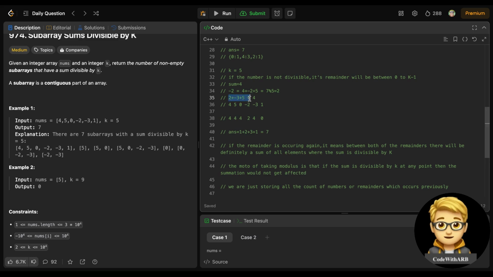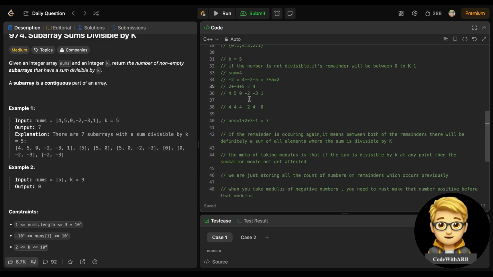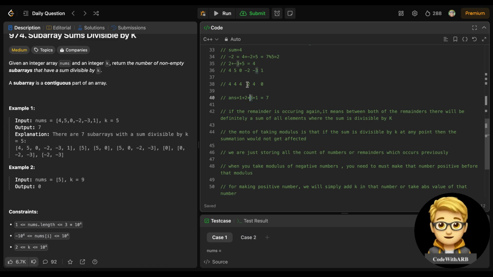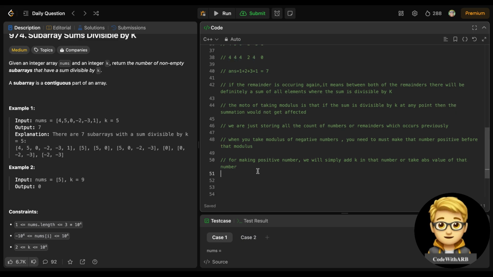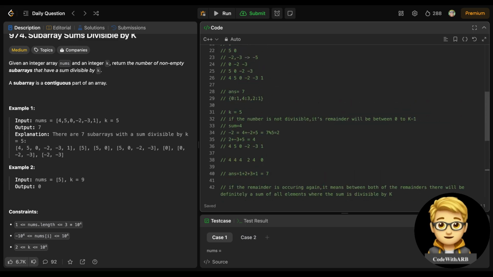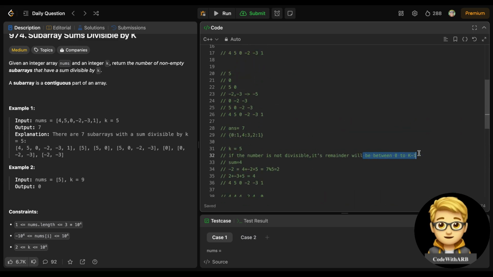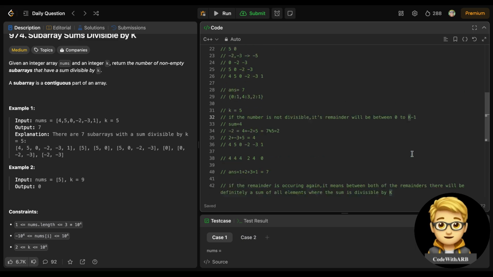The reason being that the number should be between 0 and k, not less than 0, because the remainder will only be 0 to k minus 1. It can't be negative. Remainder can't be negative.